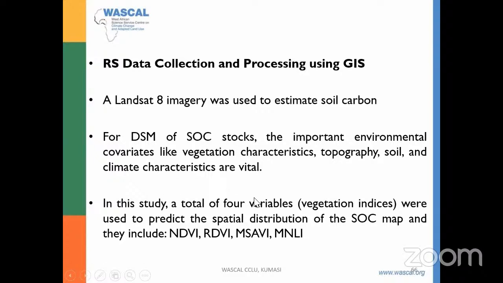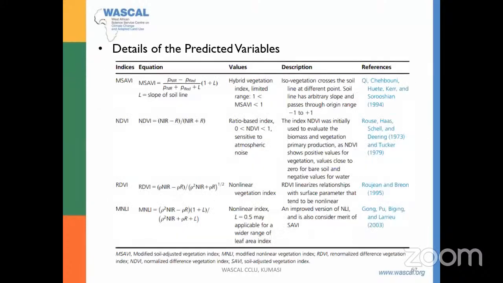But here the study looked at this distribution in relation to several vegetation indexes: the Normalized Difference Vegetation Index, the Ratio Normalized, and SAVI, which is the Soil Adjusted Vegetation Index. And these are some of the indexes.